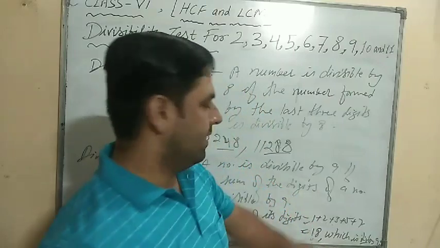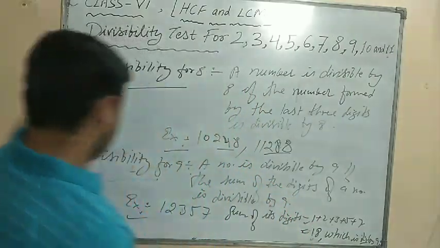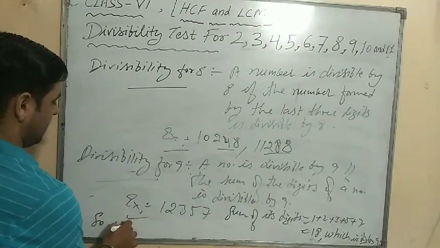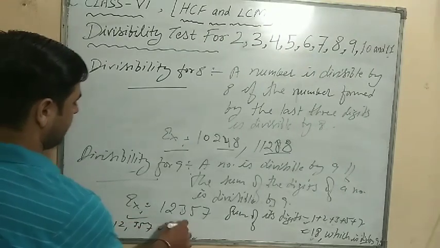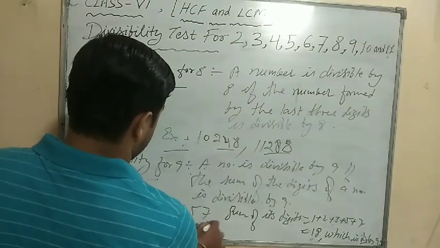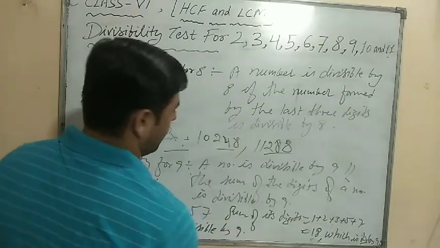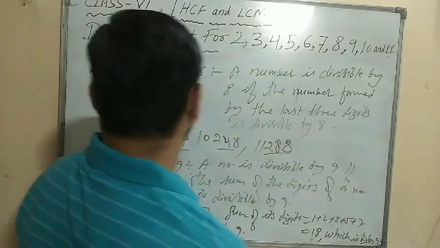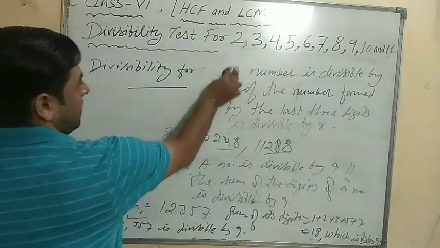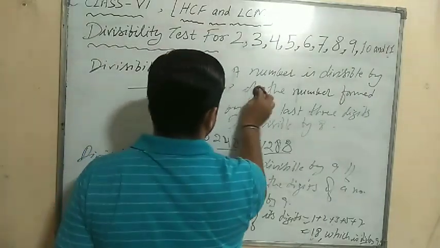Which is divisible by 9. So 12,357 is divisible by 9. Clear?